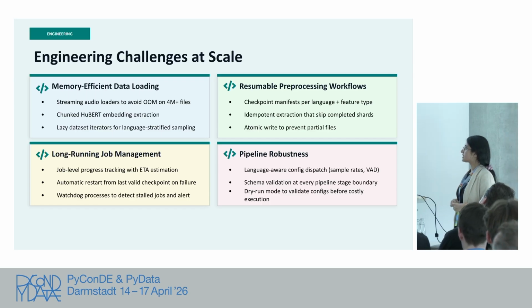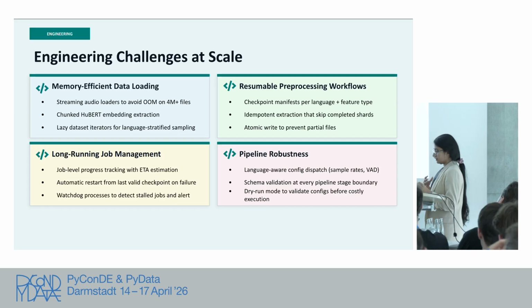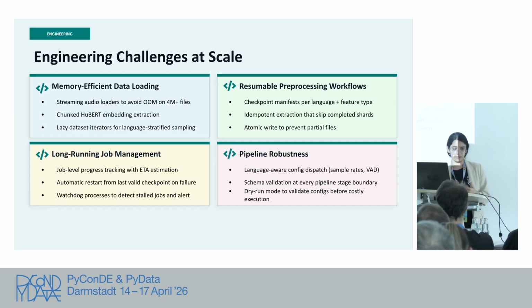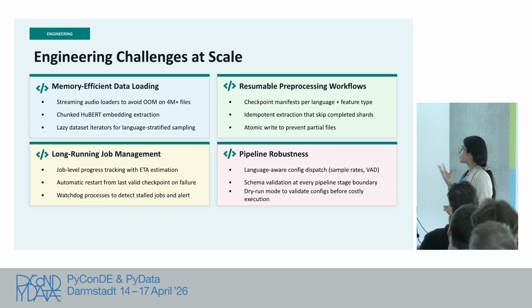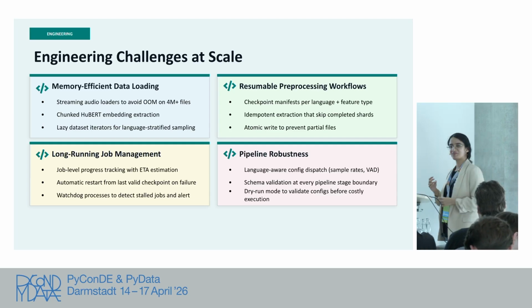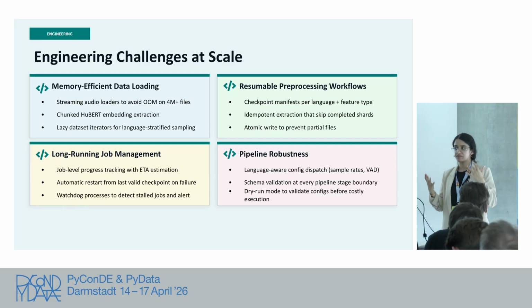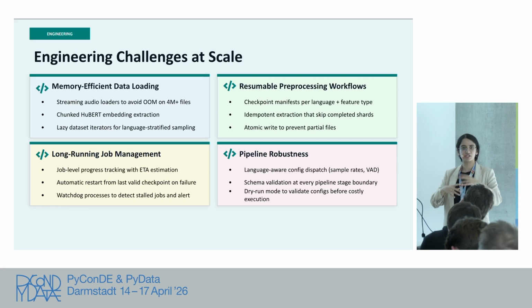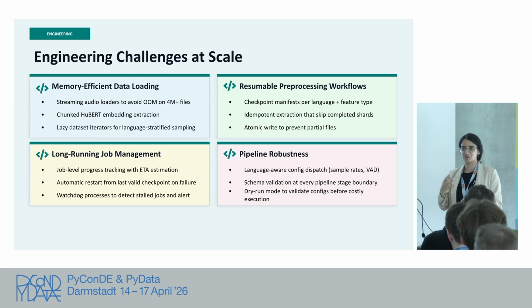The last one is pipeline robustness. It depends, again, on the language. Just to give an example, if two people are speaking and someone becomes quiet, like right now I was talking and explaining and then I became quiet because of the throat, just the lack of water in between.